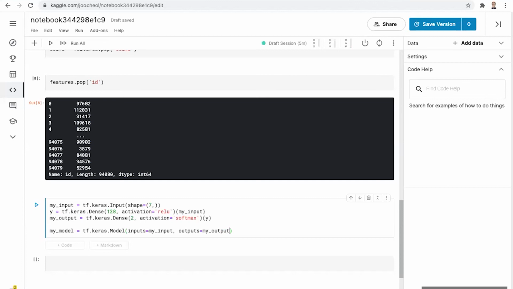And I don't have to specify the names. And I want to see how it looks like. model.summary.